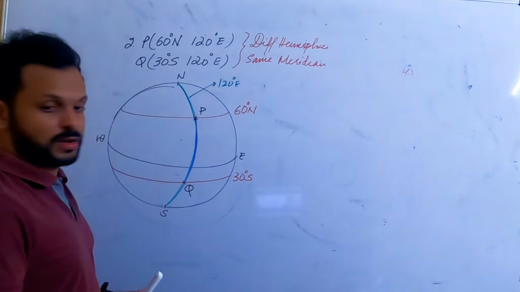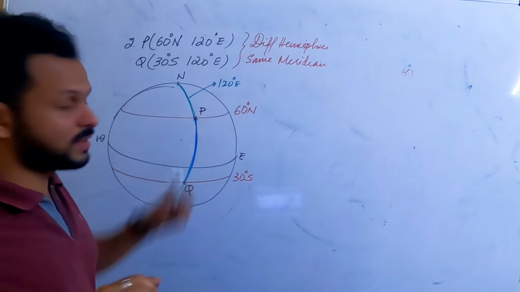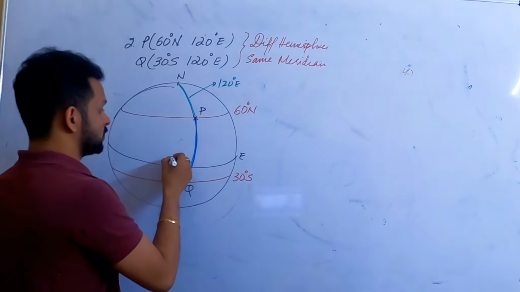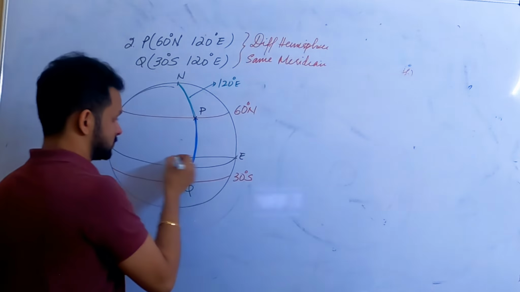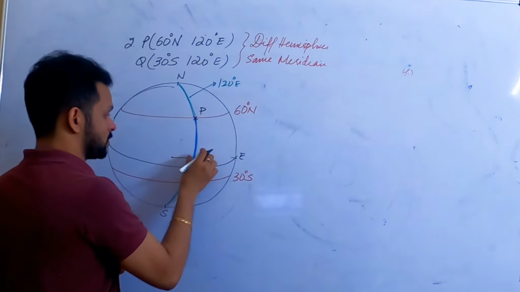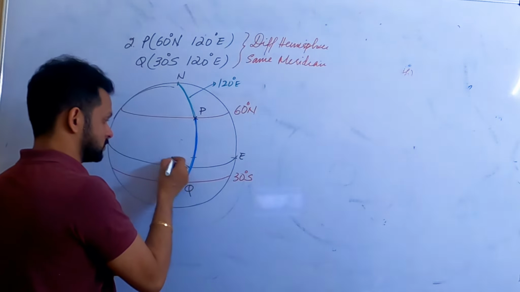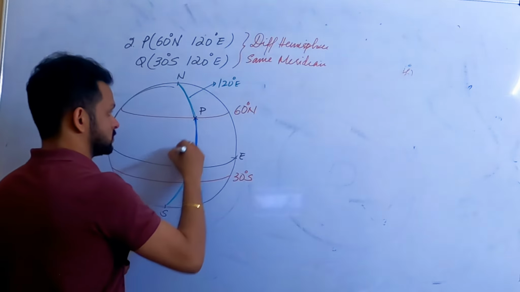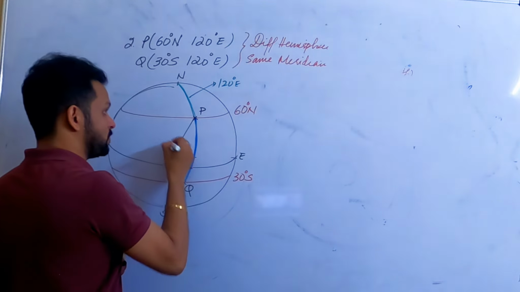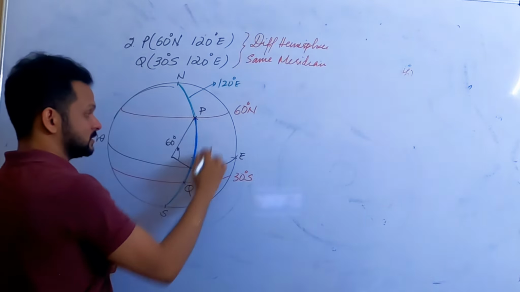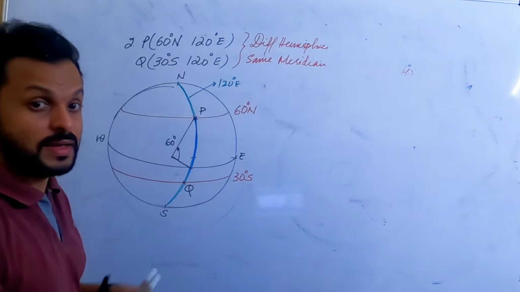So here again you can see that this is 60 degrees north because at the center of the earth, to the point P, this angle is going to be 60, and therefore this 60 degree arc distance is what is called the latitude.